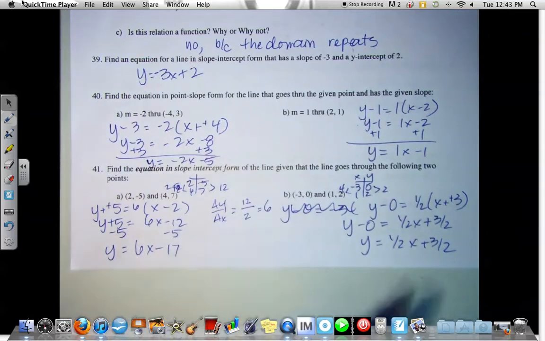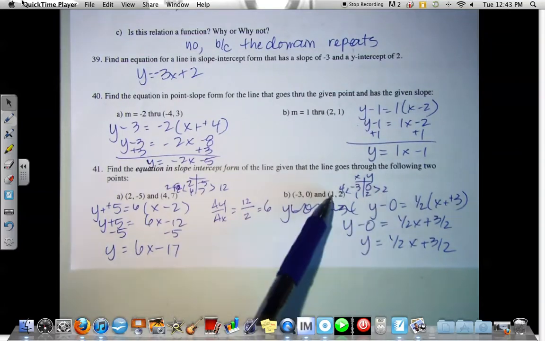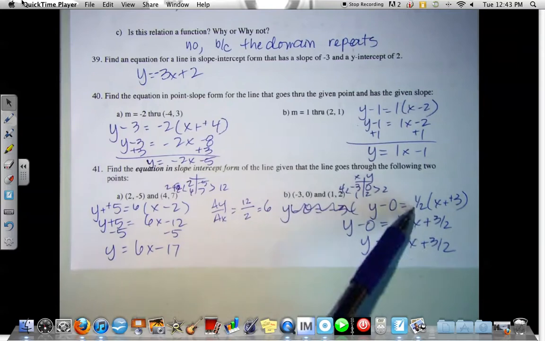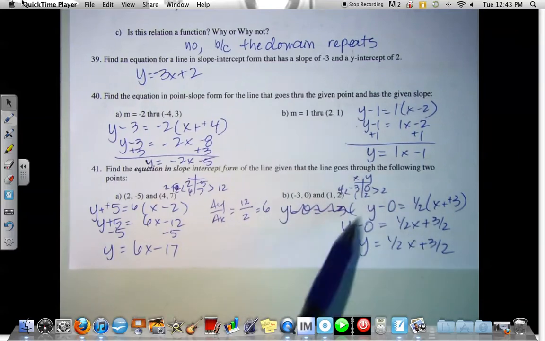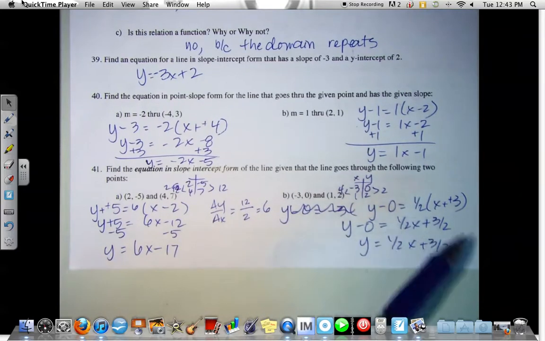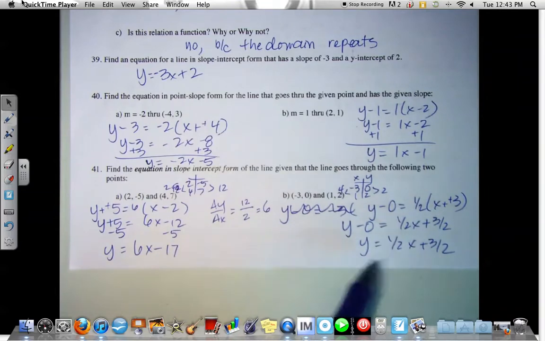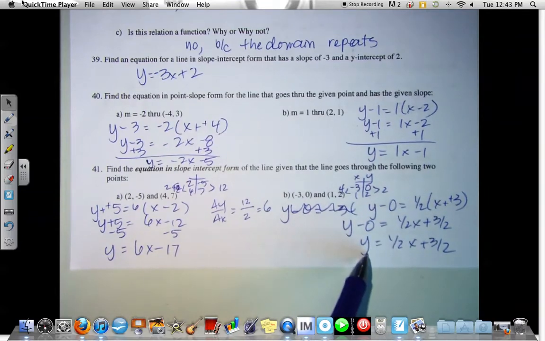On B, your slope is 2 over 4, which reduces to 1/2. Y minus 0 equals 1/2 times x plus 3. Distribute, and you have y equals 1/2 x plus 3/2.